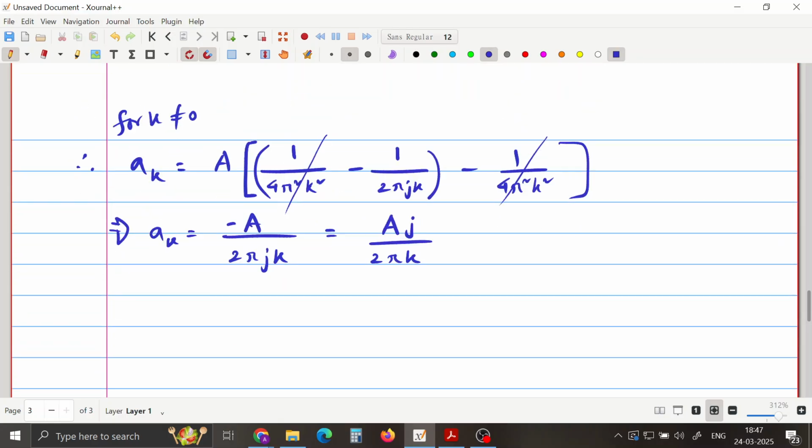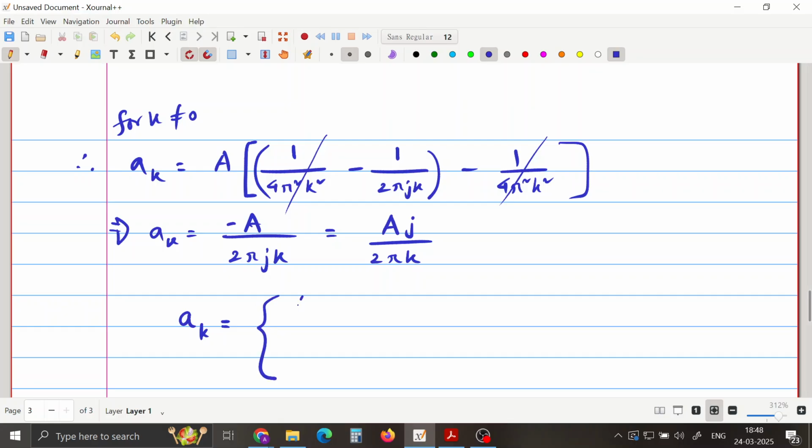We have complete knowledge of the Fourier series coefficients, and that captures the information about your signal also. What I have here is, I already found a naught corresponding to k equals 0 at the very beginning.